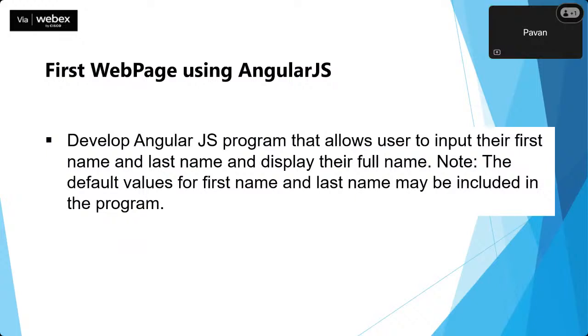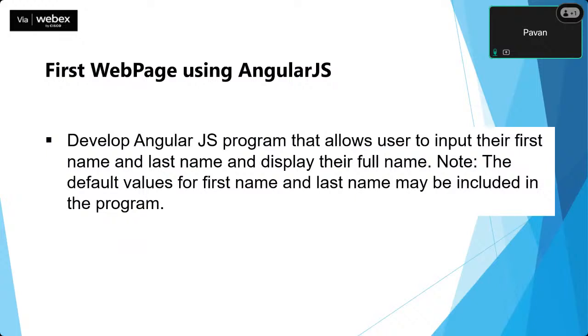The problem statement says: develop an AngularJS program that allows the user to input their first name and last name and display their full name. What we mean here is we'll take input from the user in the form of first name and last name, and we'll concatenate it and display it as a full name.